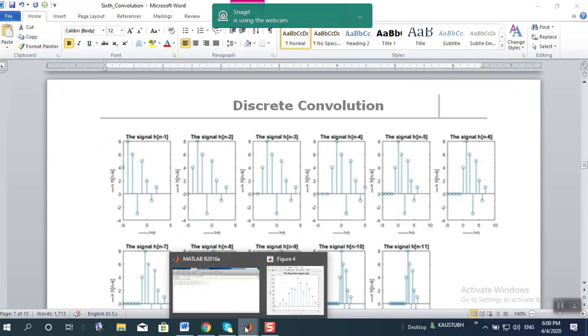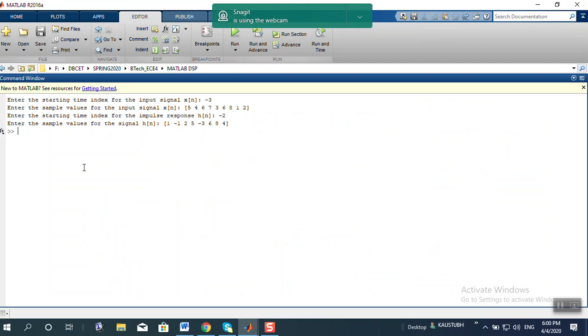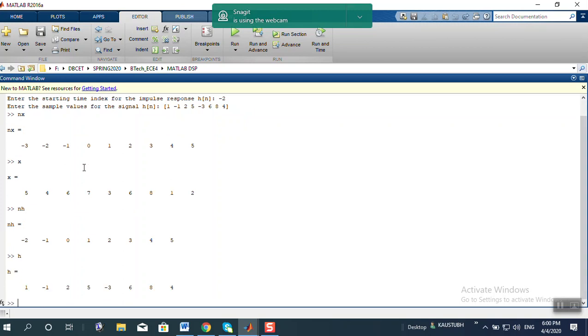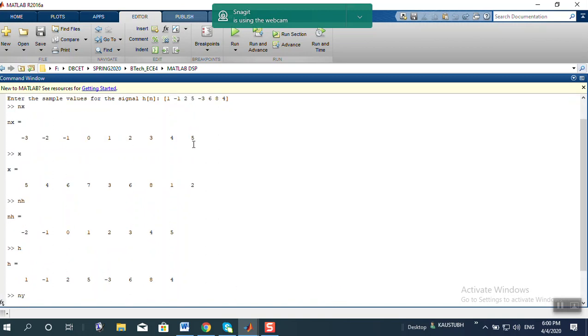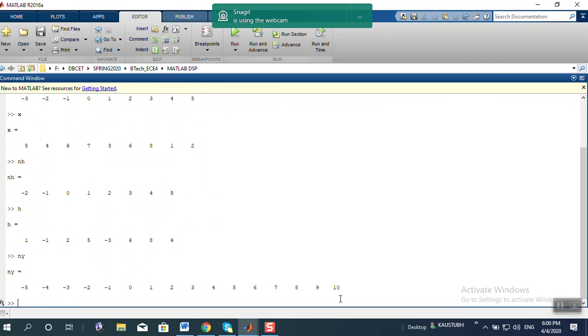Then as you see, nx is the time scale for x, the values of x, and nh is the time scale for h, and y. So your -3, -2, so your ny should start from -5, and here it is 5, here it is 5, so it will go up to 10, and y.